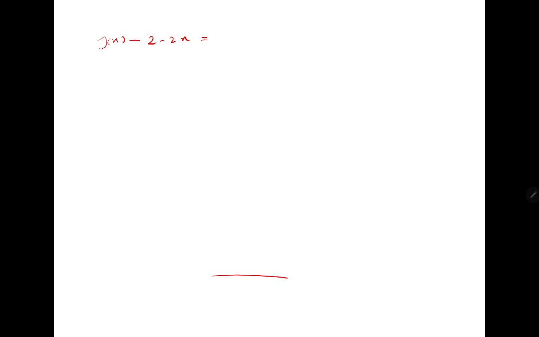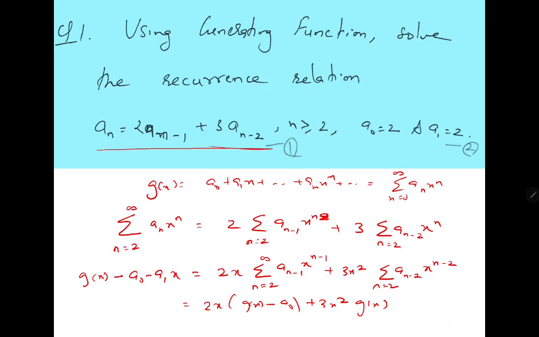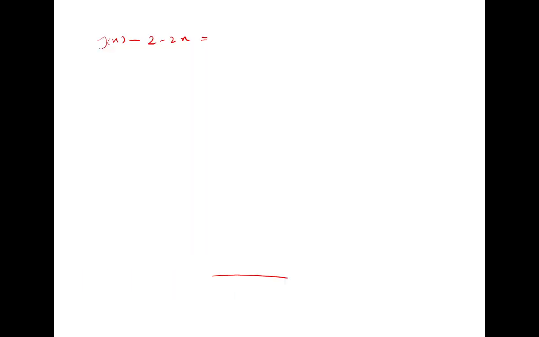Then I have 2x times g(x) minus 2. Let me write it again: g(x) minus 2 minus 2x equals 2x (g(x) minus 2) plus 3x square g(x). So now let's substitute the values.